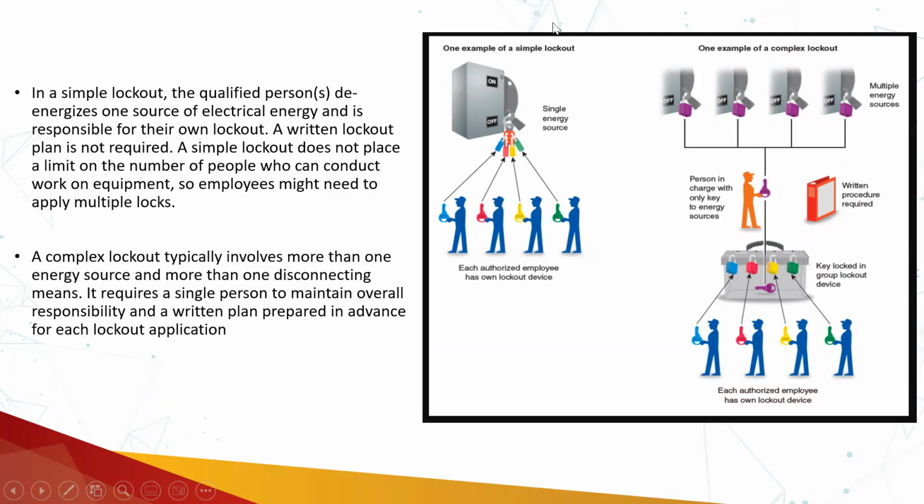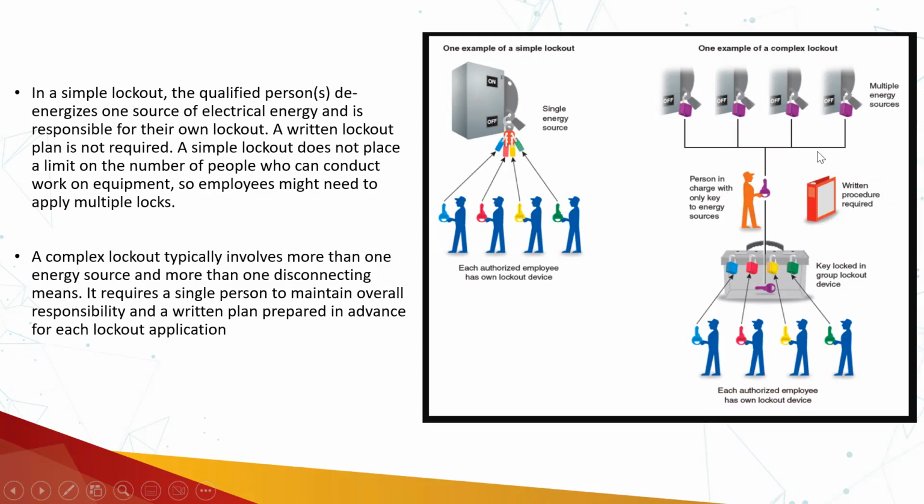So by seeing the number of locks, we cannot say whether it's a simple or a complex lockout and tagout. On the other hand, if there are multiple energy sources, these energy sources could be electrical, could be other types of sources. So for that, a person in charge is required who will be putting the locks there.